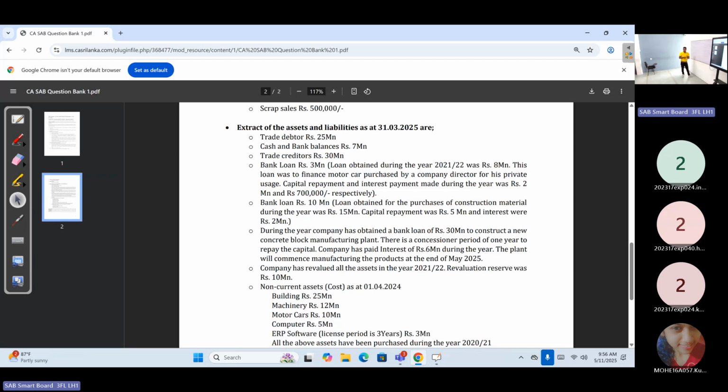How to work it out? Allowable finance cost divided by cost of the instrument, or the financial instrument, multiplied by, here, 3 times or 4 times? 4 times.